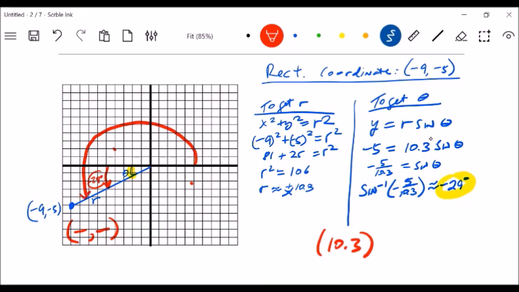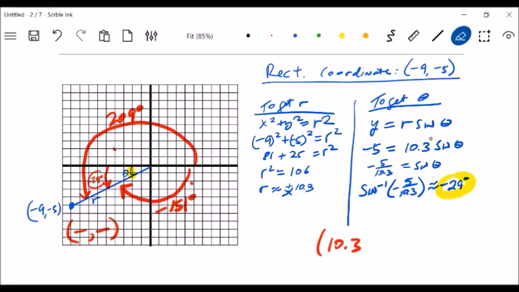So it's 180 plus the 29, which gives you 209 degrees. Or you can use the negative coming to it from this way, which would be -151 degrees. Okay. So either one of those would work.